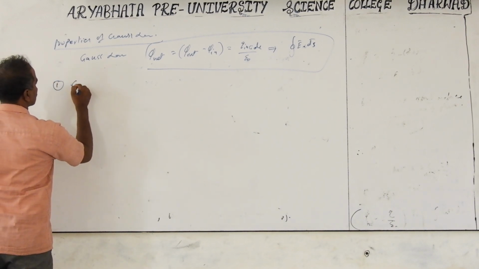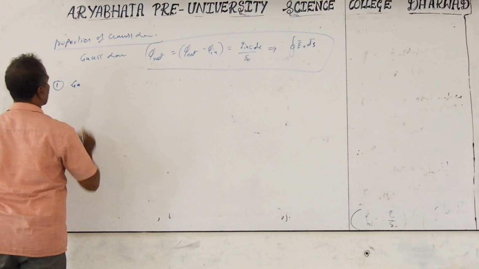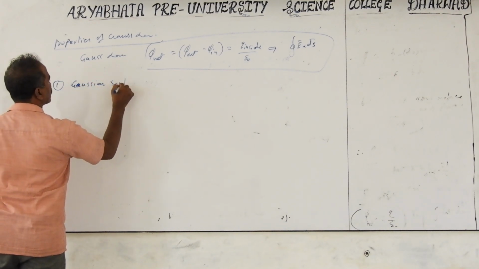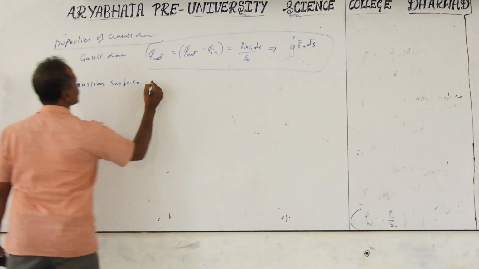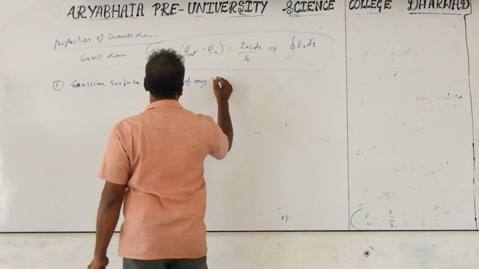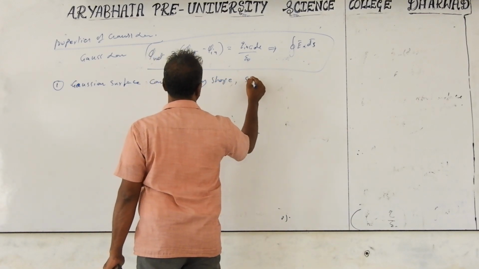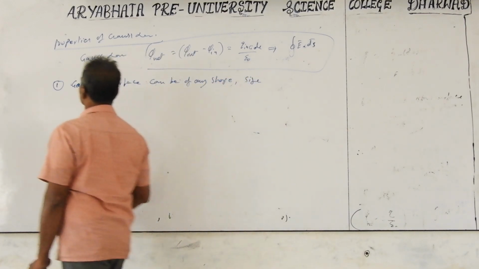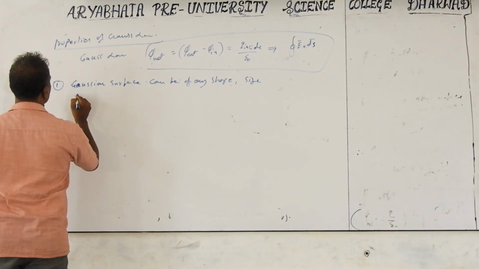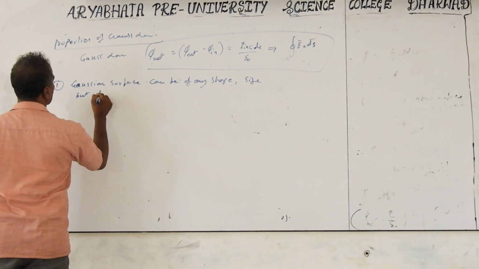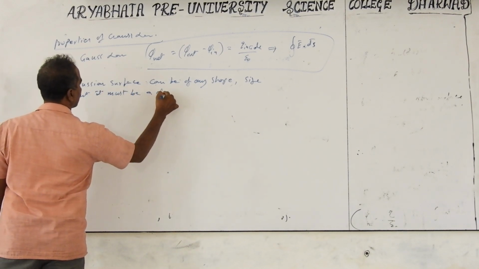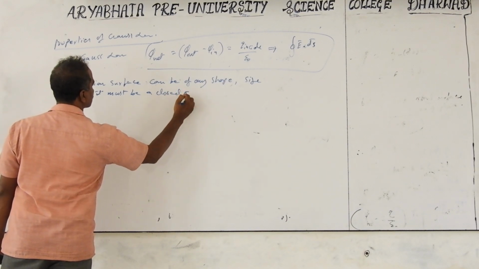Gaussian surface, same point that we discussed just now, for example. The surface can be of any shape or size, but it must be a closed surface.